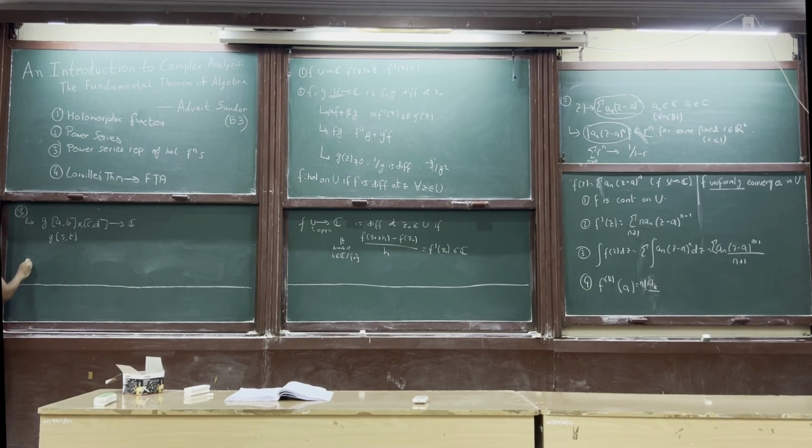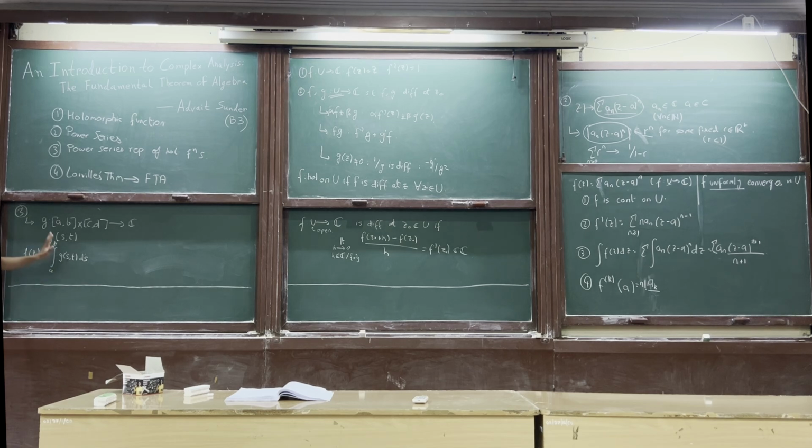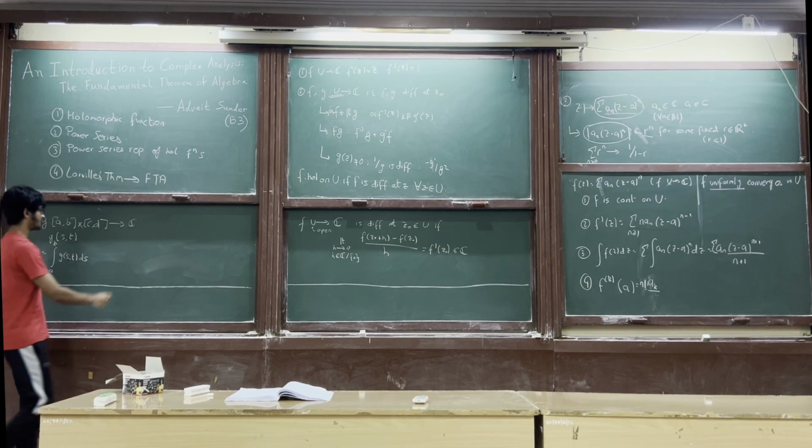Then you can define f(t) as the integral over s of g(s, t). Note over here t is fixed. When you want to evaluate f at t, you are just varying s and then integrating over s.